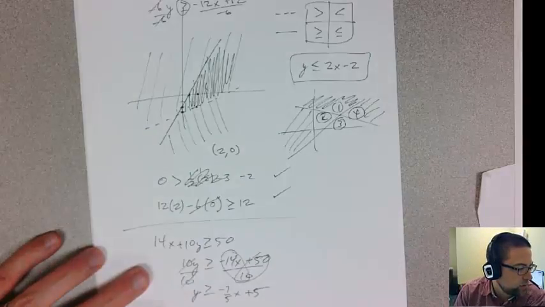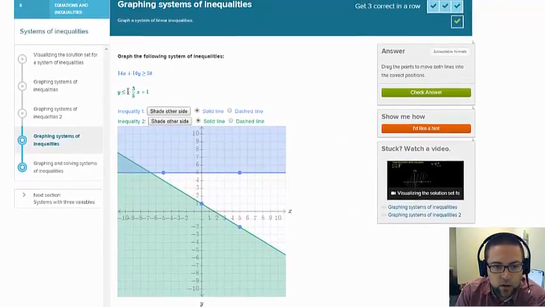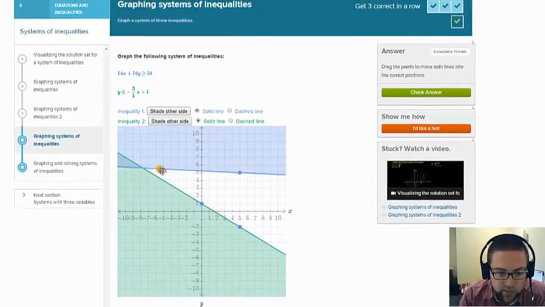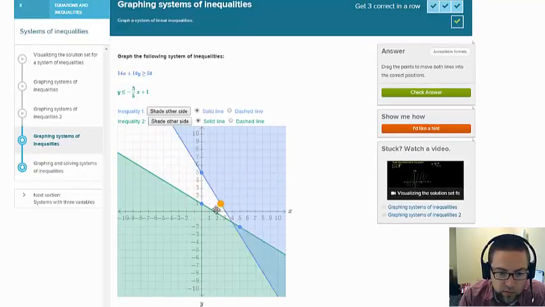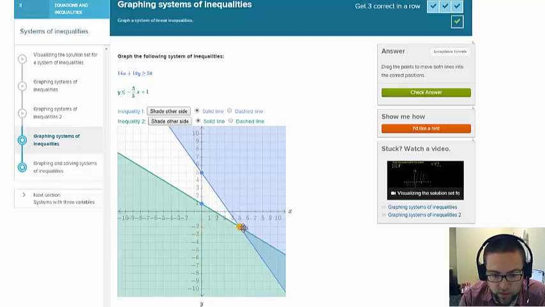So let's put that graph. All right, so my y-intercept was +5. The slope was -7/5, so I'm going down by 7, and then I'm going over 5, which would be right there.